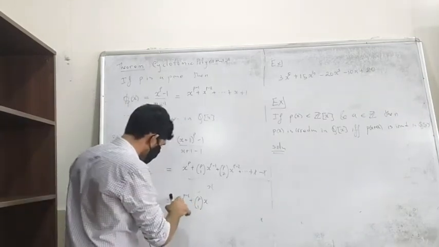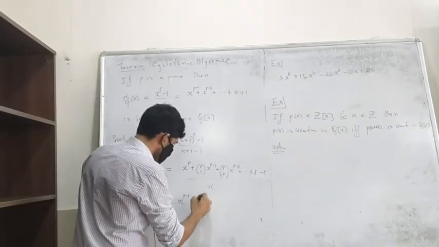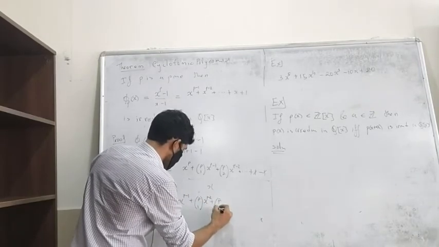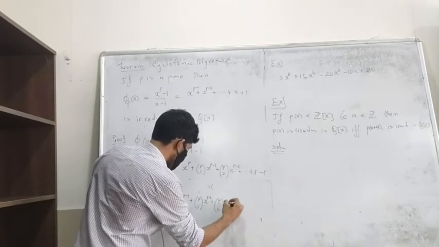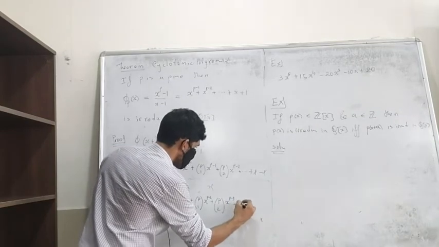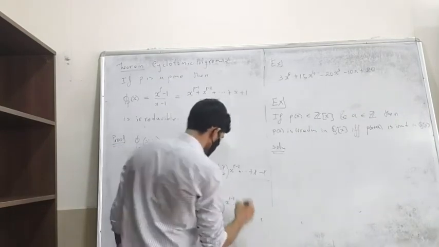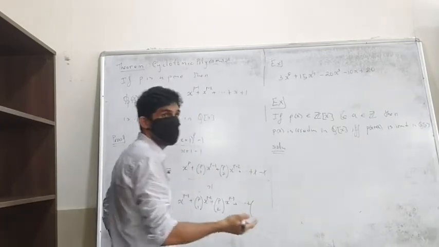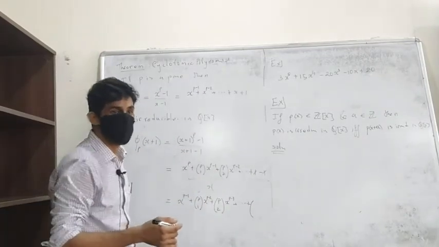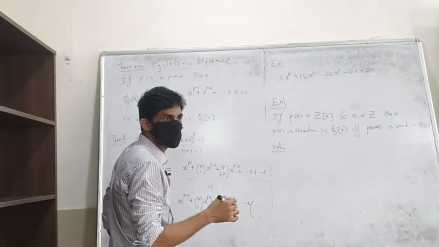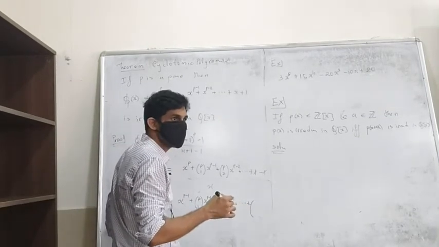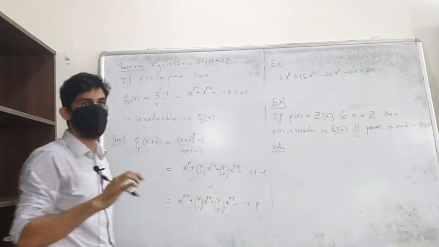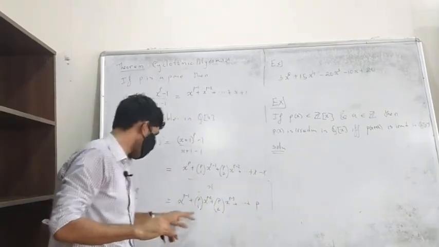So you have x raised to p minus 1 plus pc1 x raised to p minus 2 plus pc2 x raised to p minus 3 plus up to pc p minus 1, and pc p minus 1 is p. So this is what you have.